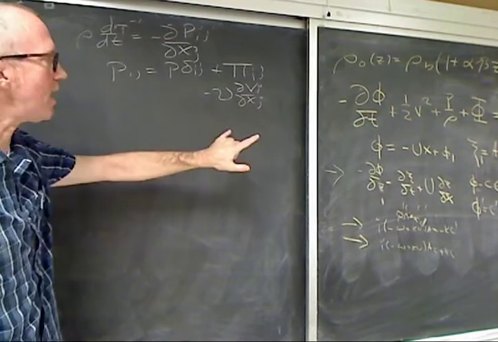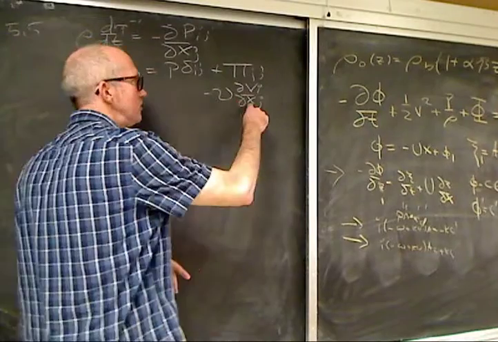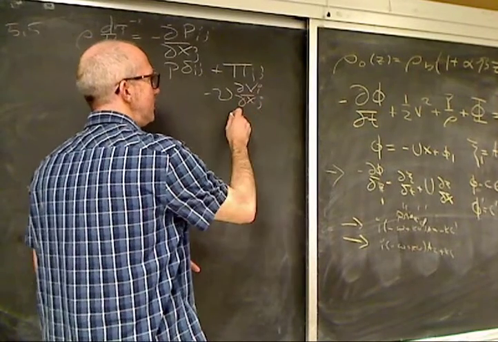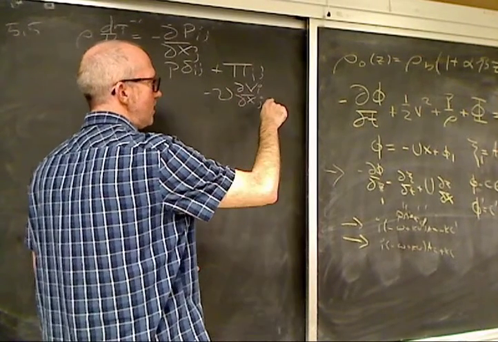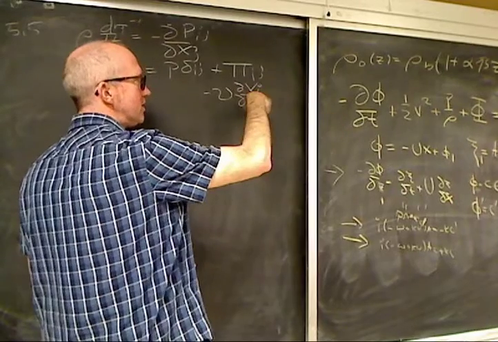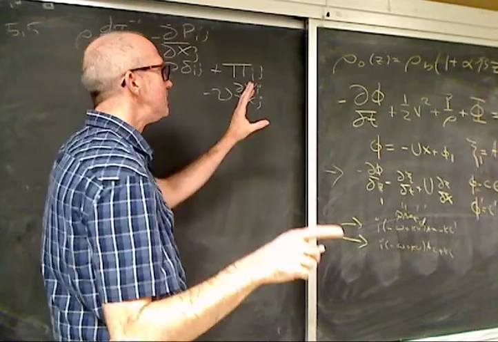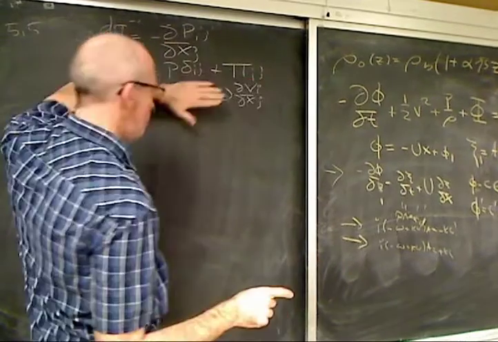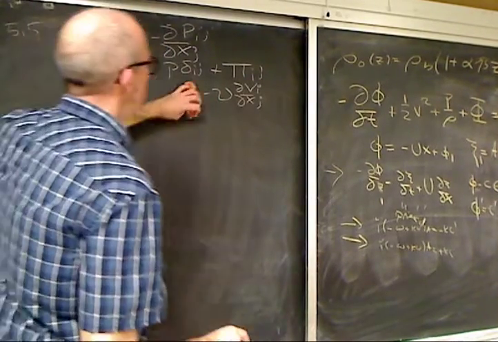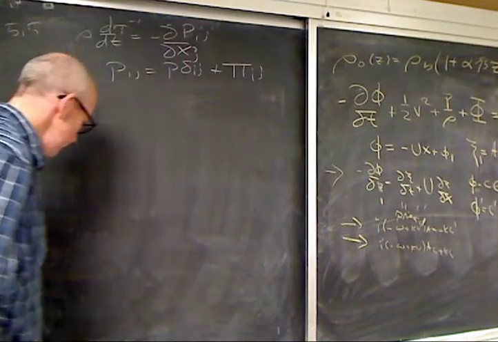So to make this isotropic, we say, okay, that is actually equal to 1/2 this and its opposite, and then we take off some other stuff. So we do a little bit of work with this to make it look like the last part of the book. We'll talk about that in a second. That's where we're going. But we can forget about the form of pi for a second.